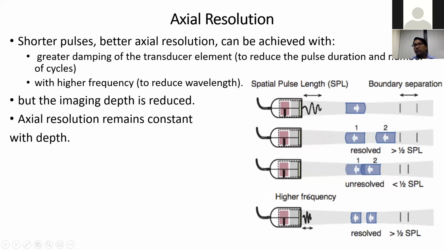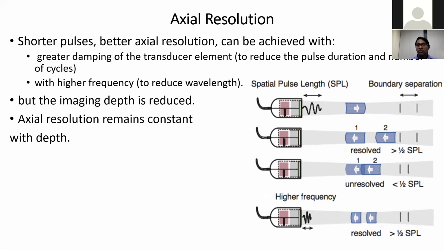However, the amount of energy that you transmit into the medium is also dependent upon the number of cycles. So if you transmit two cycles, you are sending a considerable amount of energy into the medium, and the signals that you would get from the reflected echoes would also be proportionate to that.